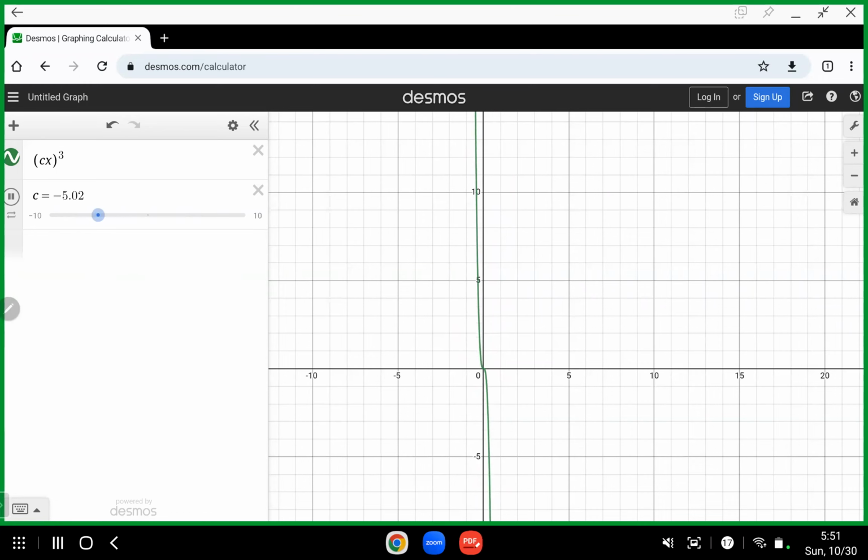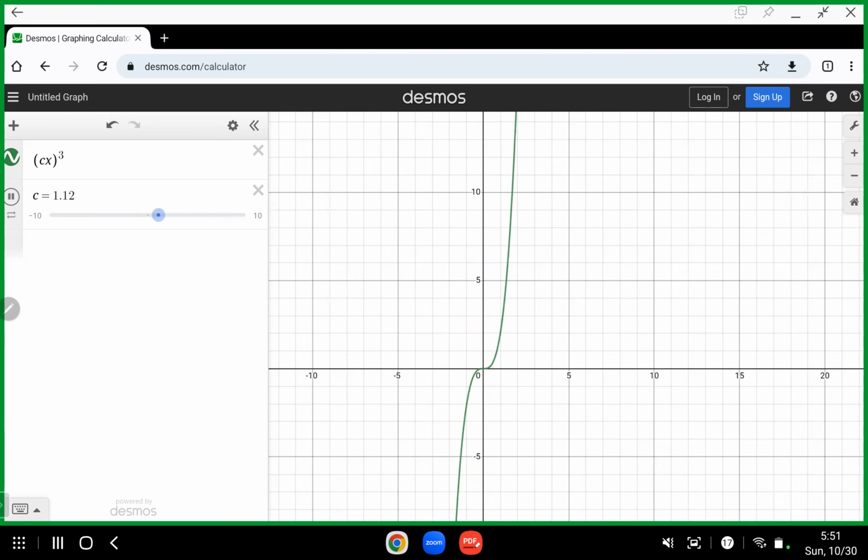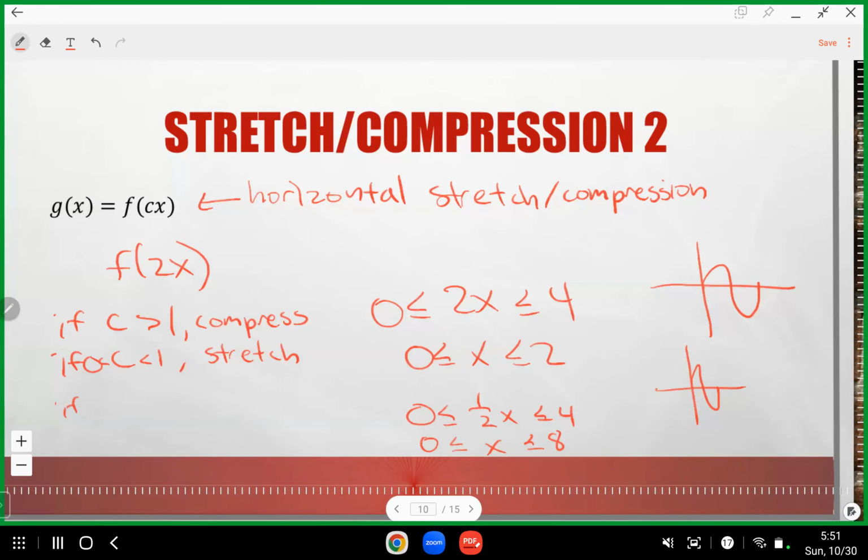As you can see here, we stretch and compress horizontally. And I chose x cubed because it's not symmetrical with respect to the y-axis. And we can see that when C is negative, we actually reflect across the y-axis. All right, so that gives another rule: if C is negative, reflect across the y-axis.